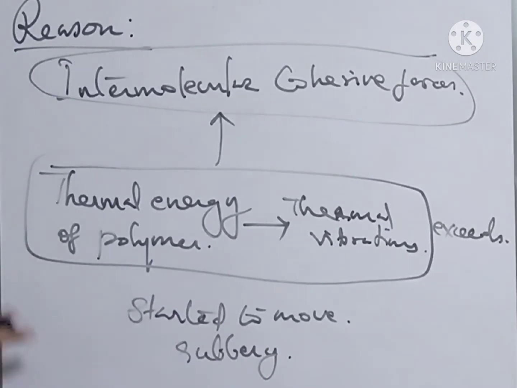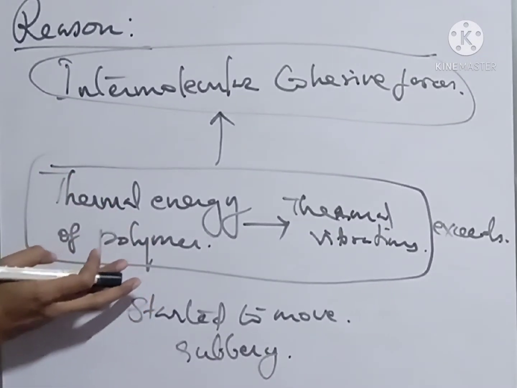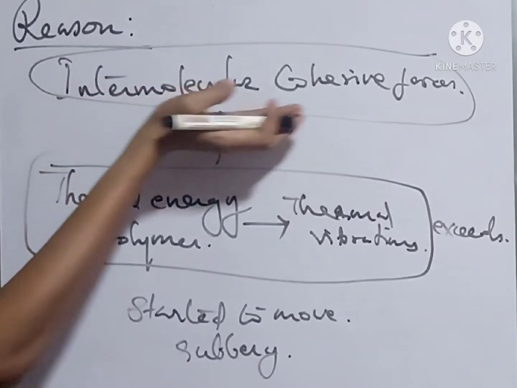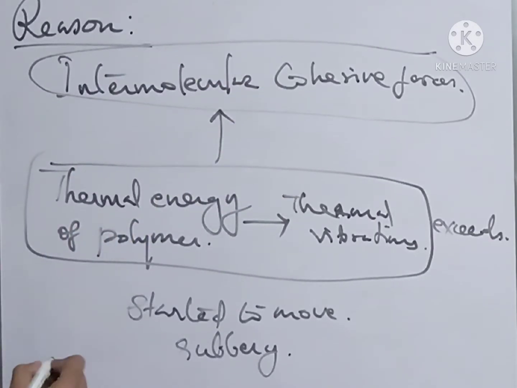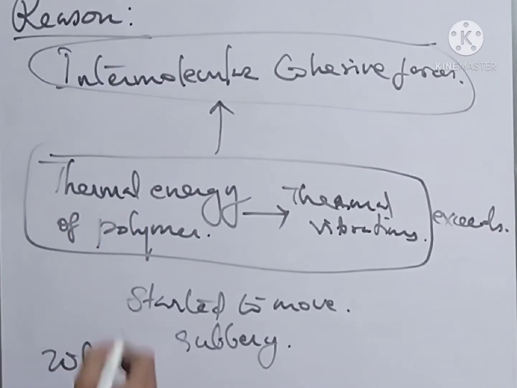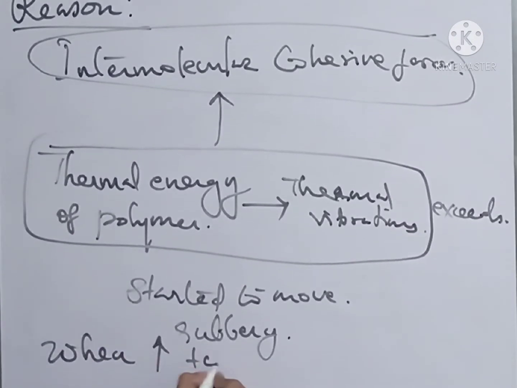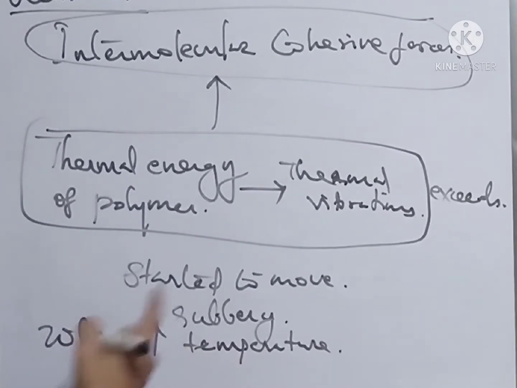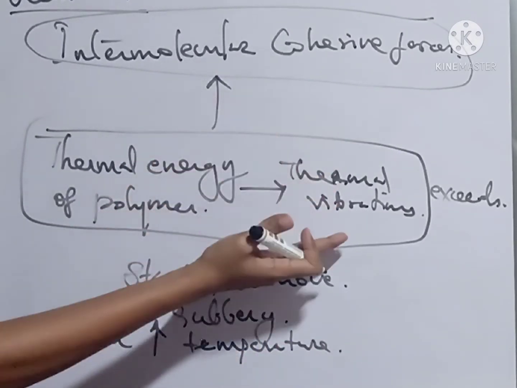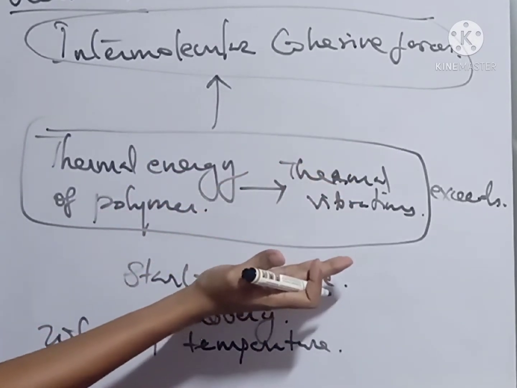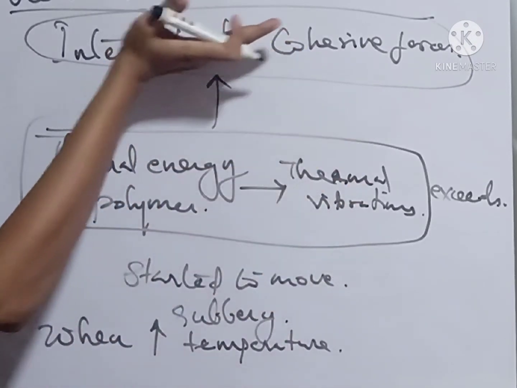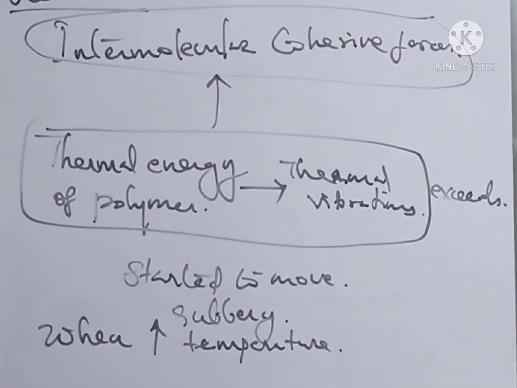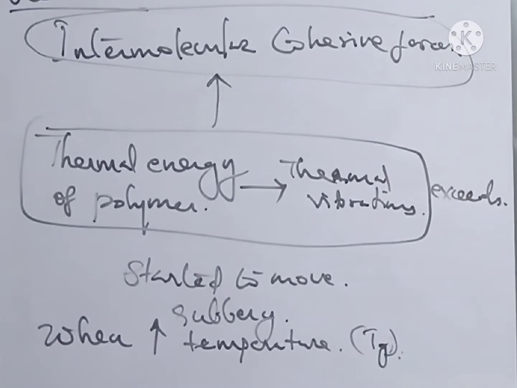Naturally, the thermal energy of the polymer is initially not enough to exceed the intermolecular cohesive force. So increasing the temperature helps to increase the thermal vibrations of the polymer molecule until it exceeds the intermolecular cohesive force. And that particular temperature is what is known as glass transition temperature.